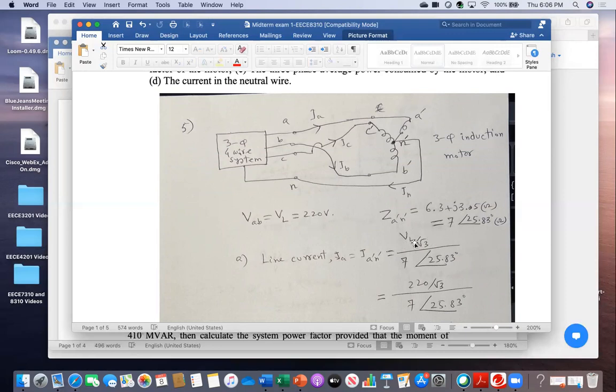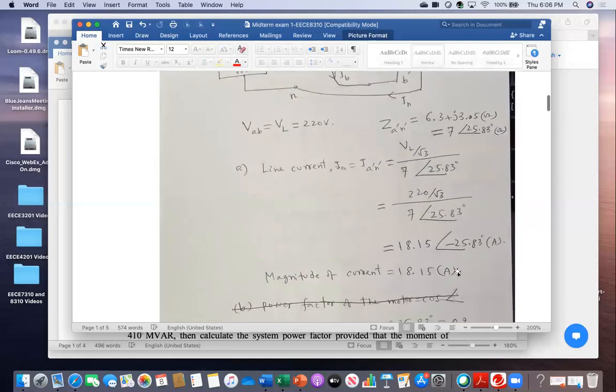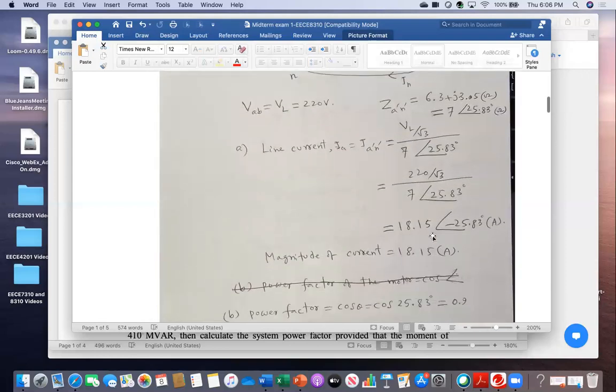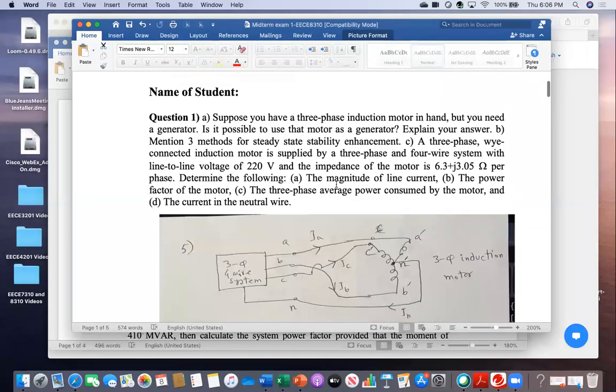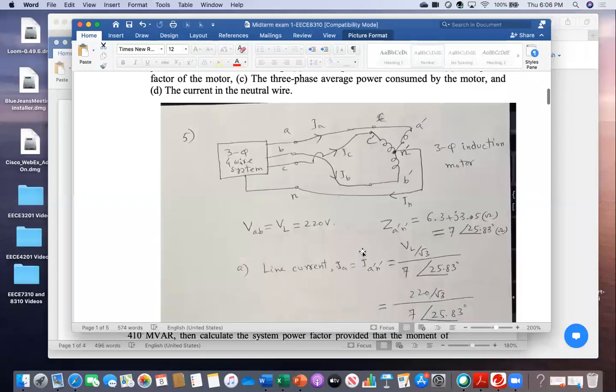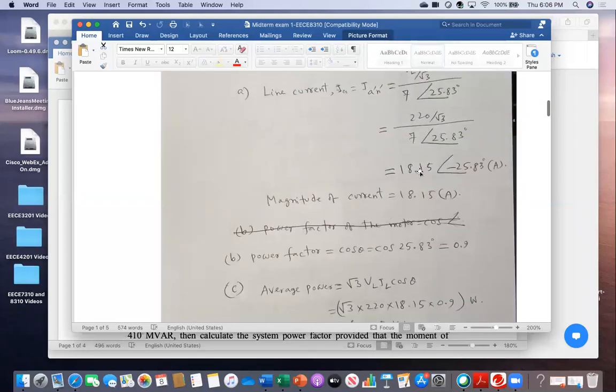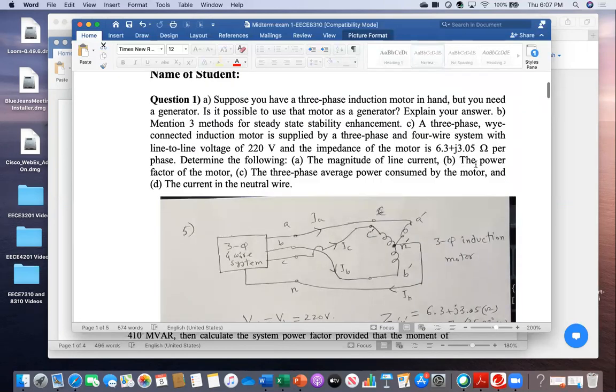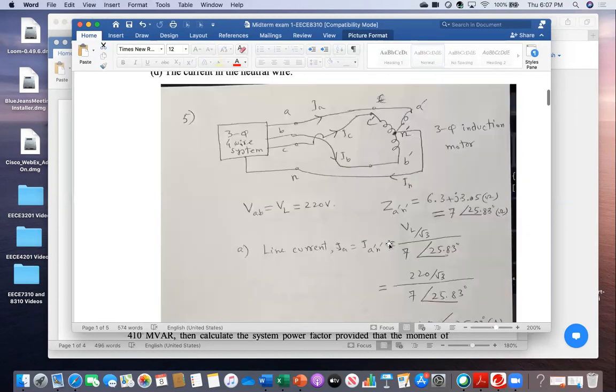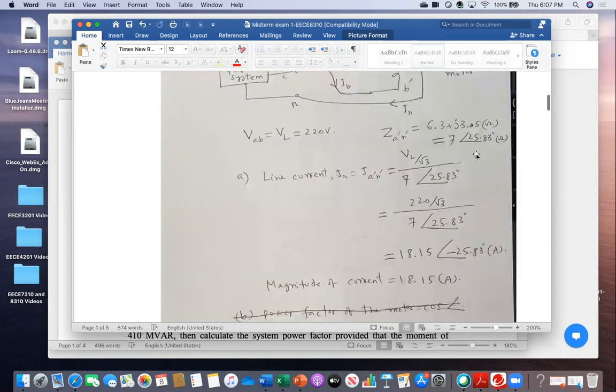Finally, I got 18.15 angle minus 25.83. But the question is just asking for the magnitude of the line current, so as the answer, you can say 18.15 is the magnitude of the line current. And then it asks for the power factor of the motor. For that, you can go with the impedance triangle.